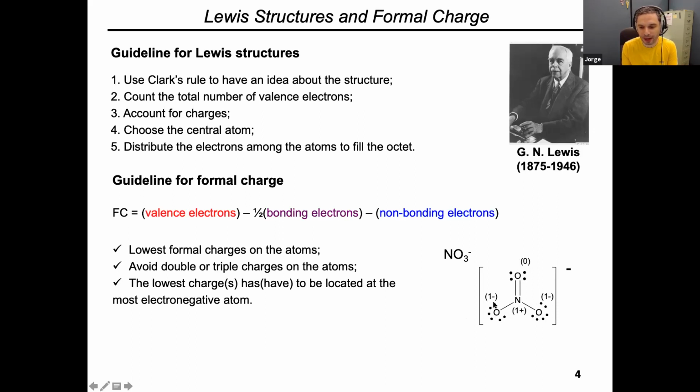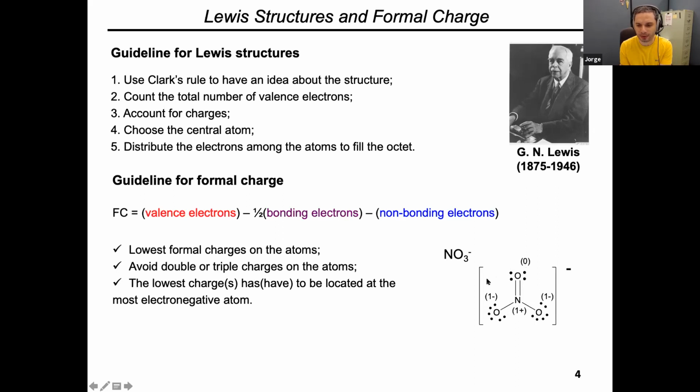We have a negative charge located at the two oxygens and a positive charge located at the nitrogen. Although all the charges are not 0, we have the negative charge located at the most electronegative element in this chemical bond. Therefore, this will give us a stable structure.